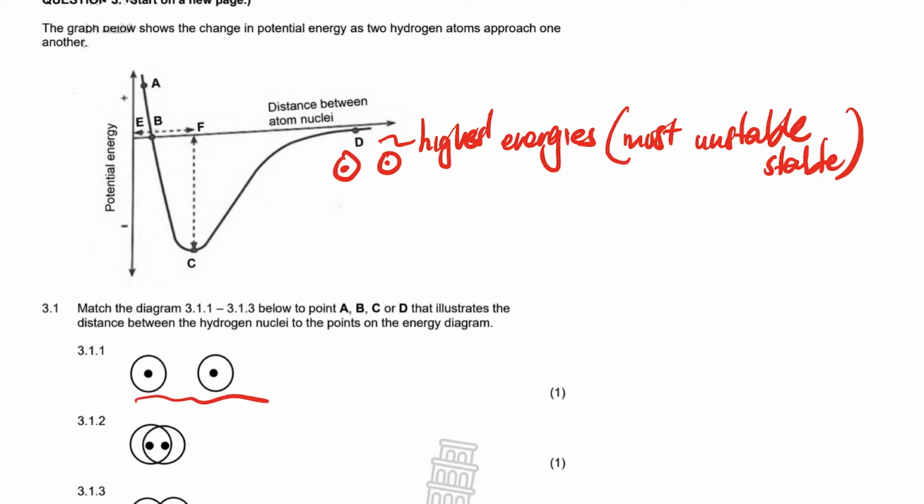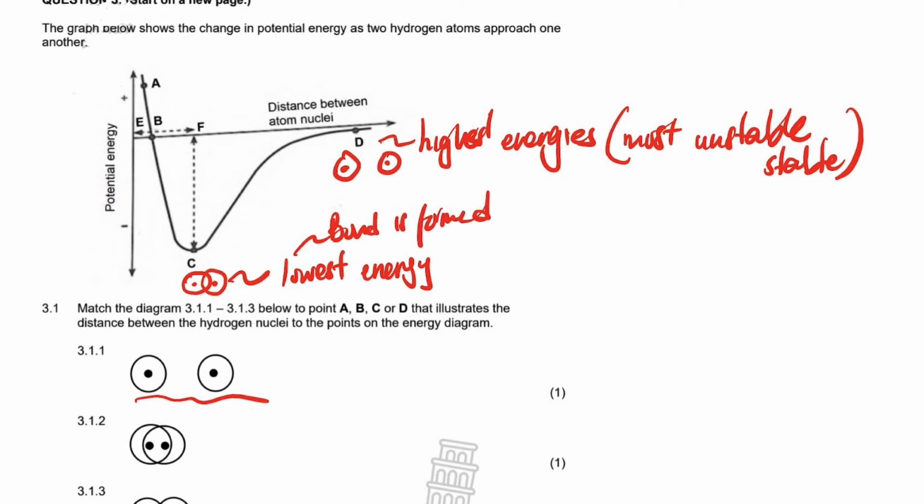So here is the hydrogen and the hydrogen. And then here, guys, at C, it's when the bond is formed. There's an overlapping. So this is the lowest energy, and this is the most stable state.